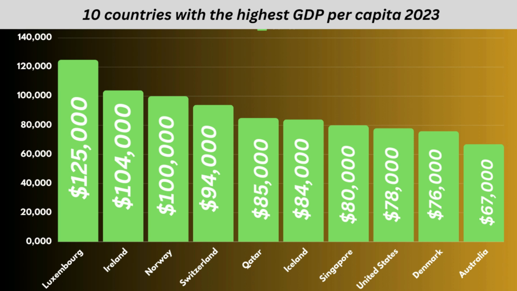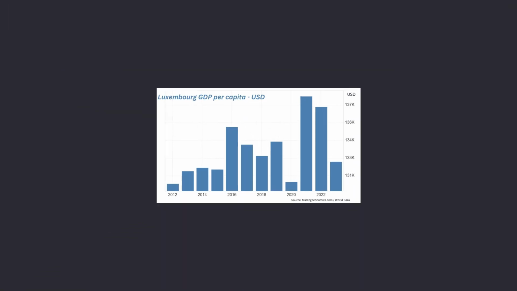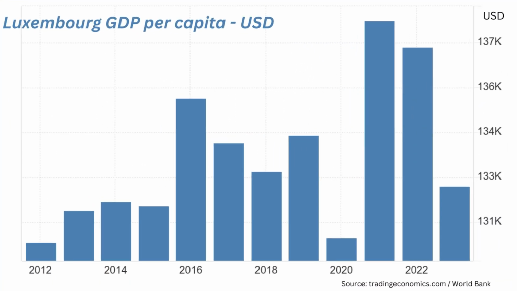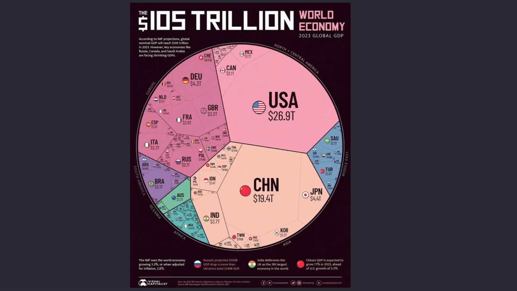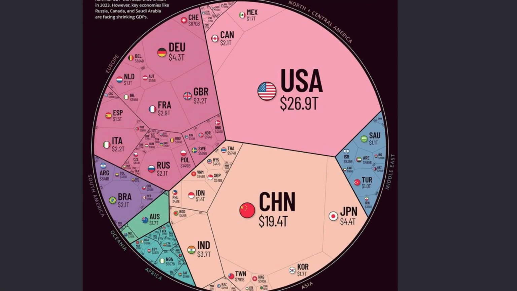Luxembourg, for instance, boasts a GDP per capita of over $125,000, which indicates a wealthier population on average, despite its much smaller total GDP compared to global giants like the US or China.